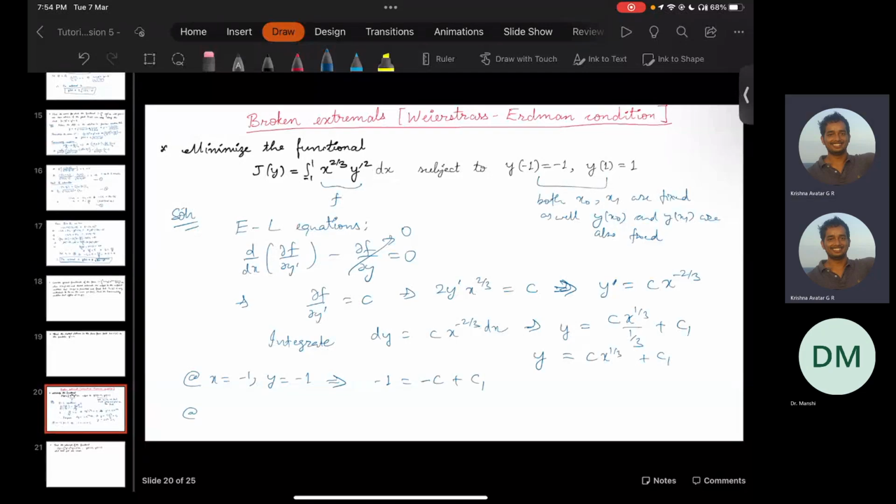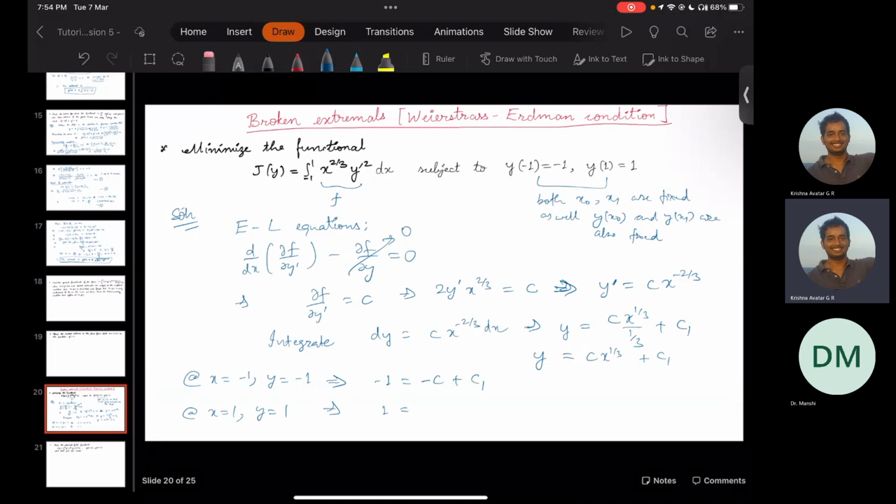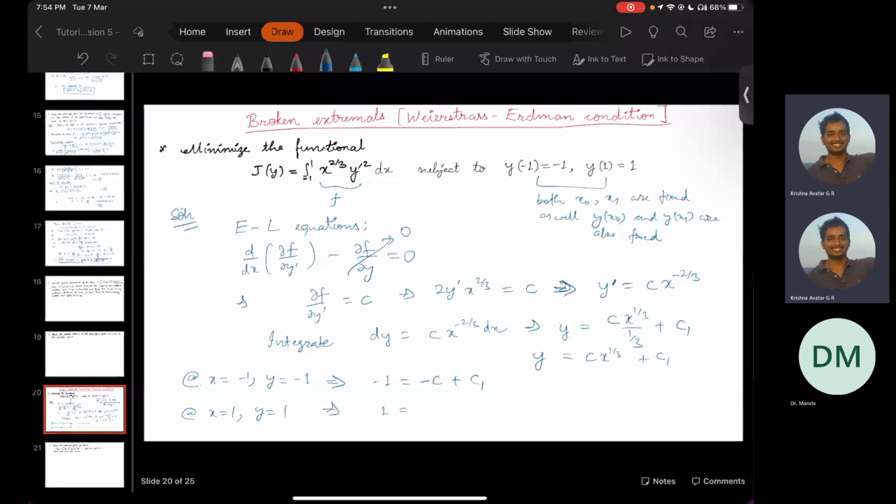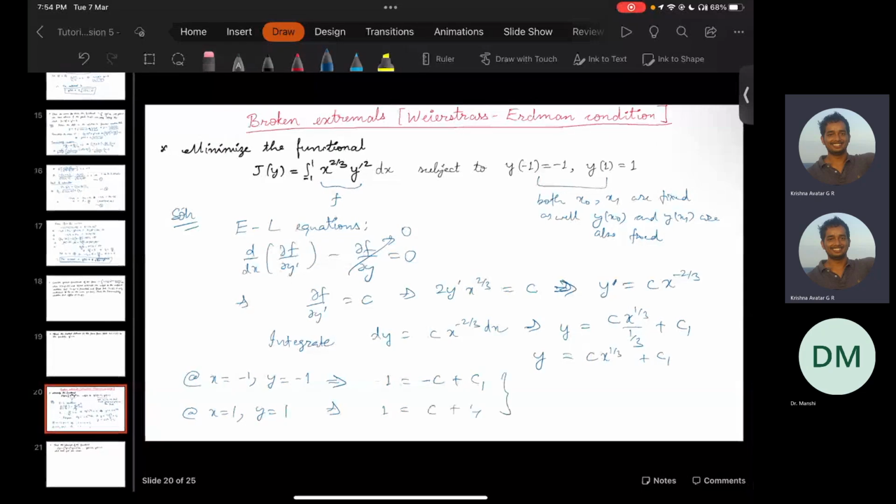And at x is equal to 1, y is equal to 1, and this gives us 1 is equal to c plus c1. Adding these gives us 0 is equal to 0 plus 2c1. This implies that c1 is equal to 0. Therefore, c is equal to 1. Therefore, our extremal is y equal to x to the power 1 by 3.